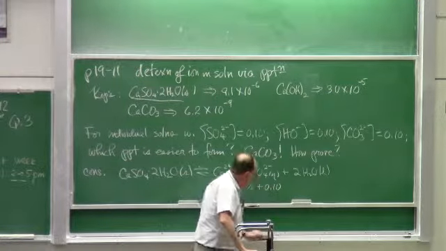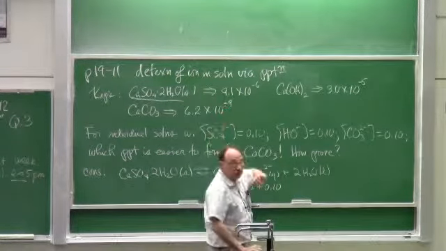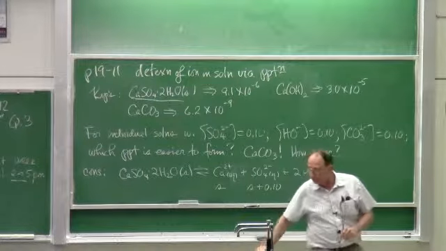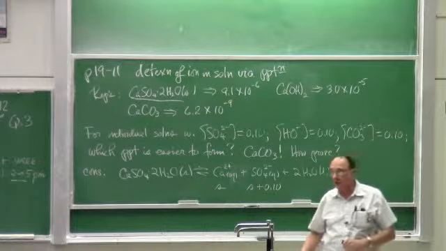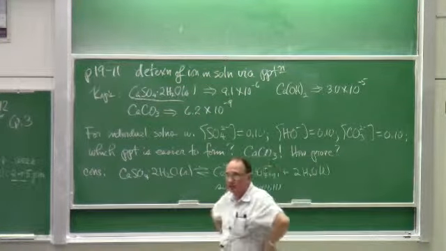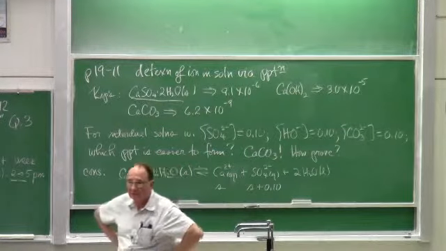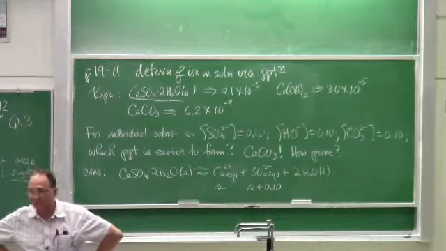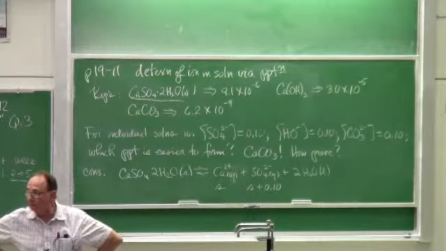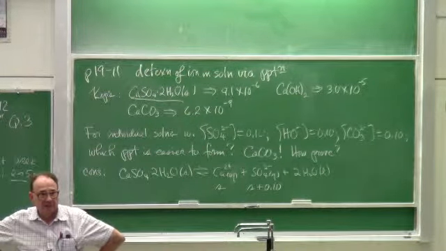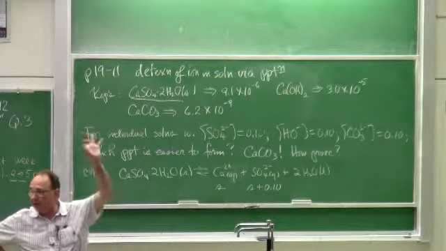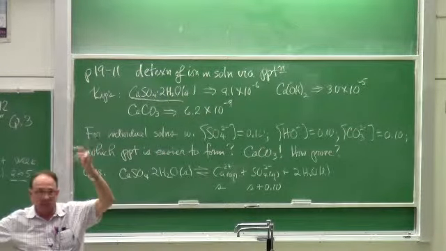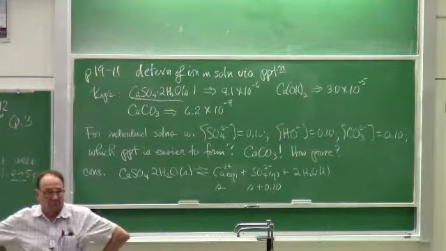Do you know that calcium sulfate dihydrate is the principal ingredient in construction wallboard, plasterboard? Some folks call it sheetrock. Any of you people ever hang any sheetrock? Make walls at home? Yeah, I've done it too.